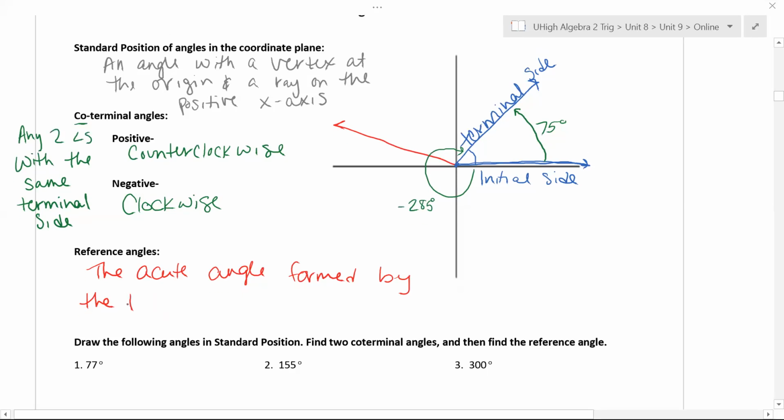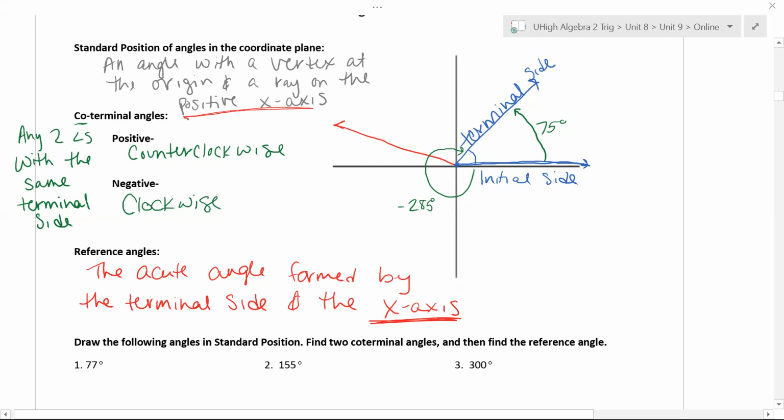Let's rewrite that. And the x-axis. So notice how in this one we just say the x-axis, and in the standard position we said the positive x-axis.